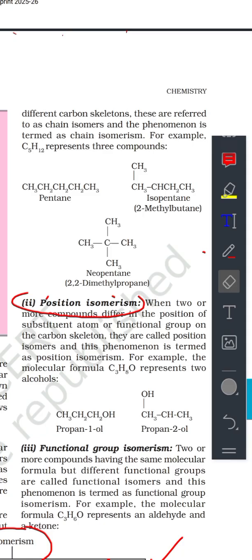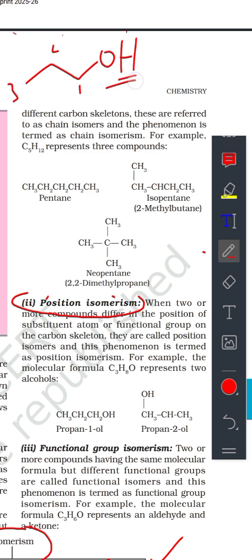Here propane is given. This is carbon 1, 2, 3. Three carbons are there, so it is called 1-propanol or propan-1-ol.